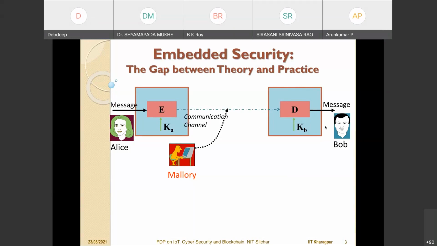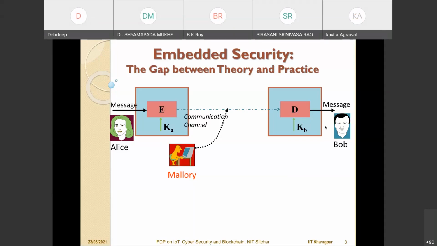They essentially want to communicate some information over an untrusted channel, and this untrusted channel is often targeted by a third person who is not necessarily a legitimate person. In this diagram, it has been shown as Melody. If Melody is, for example, curious to know the information, or maybe modify the information communicated from Alice to Bob, then Alice and Bob try to apply some cryptographic techniques.